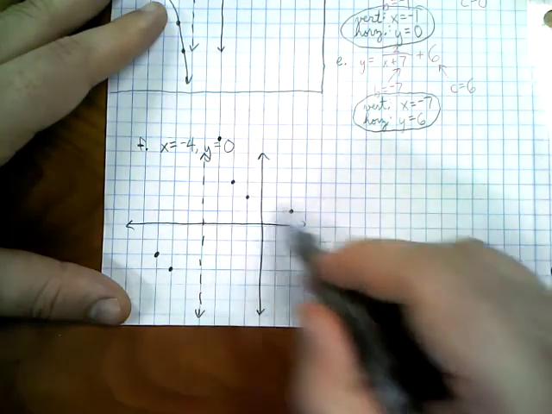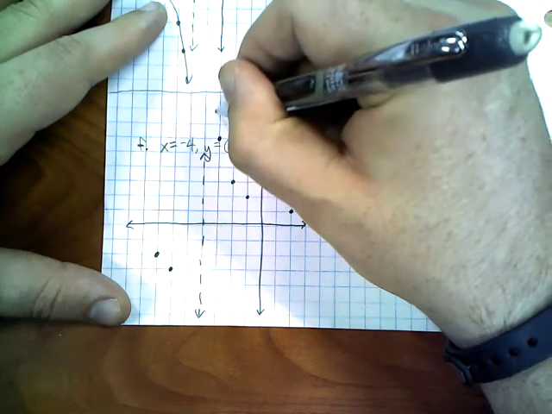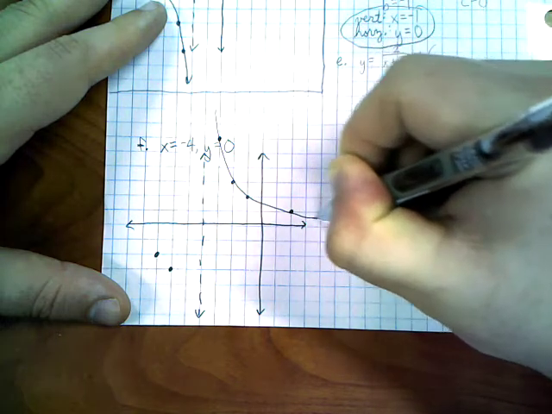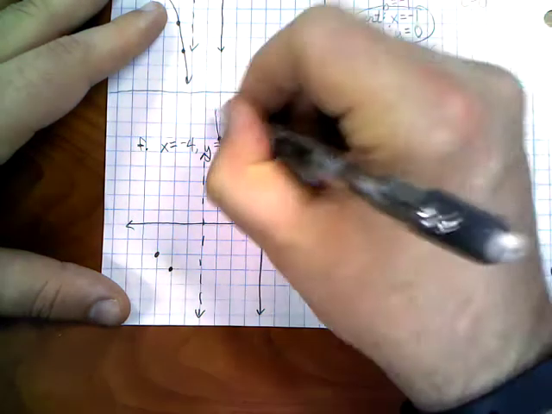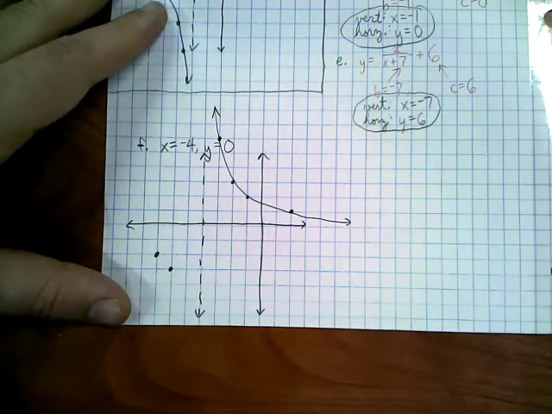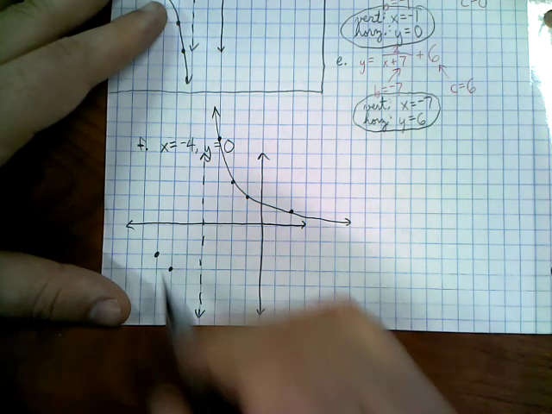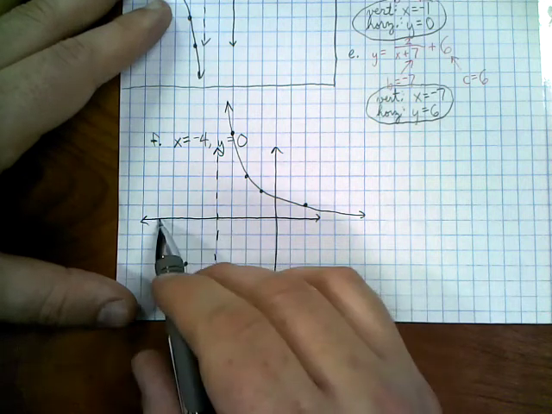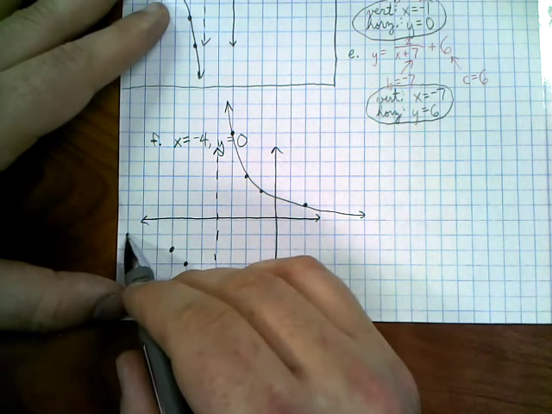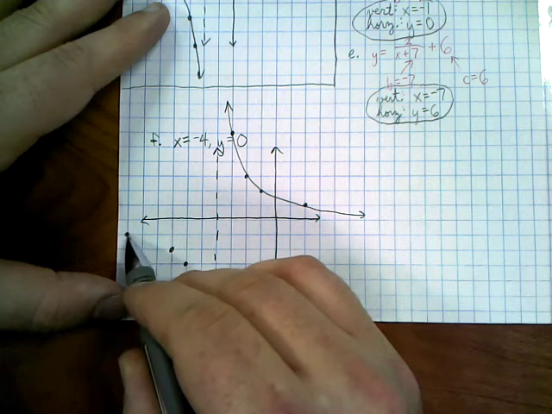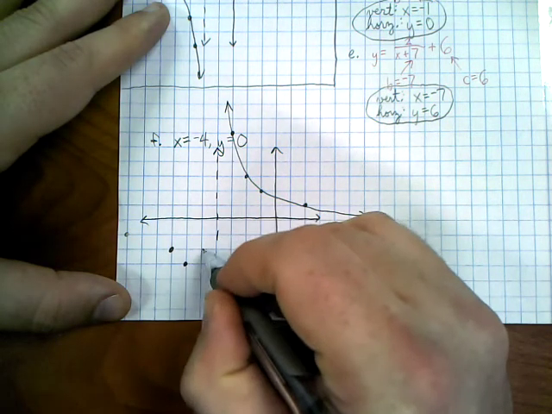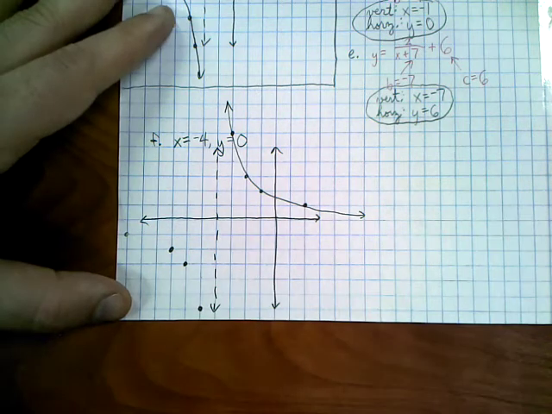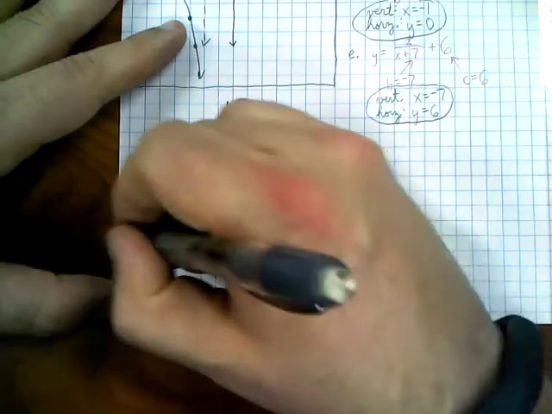I feel like I got enough there to follow the curve. Down here I need a little bit more. So let's go with negative 6 times negative 1, which would give me 6. And negative 1 times negative 6 would also give me a 6.